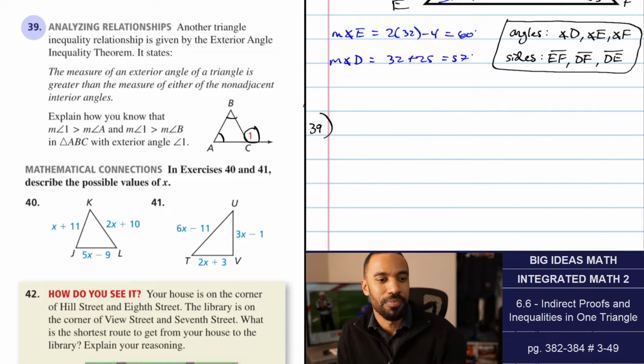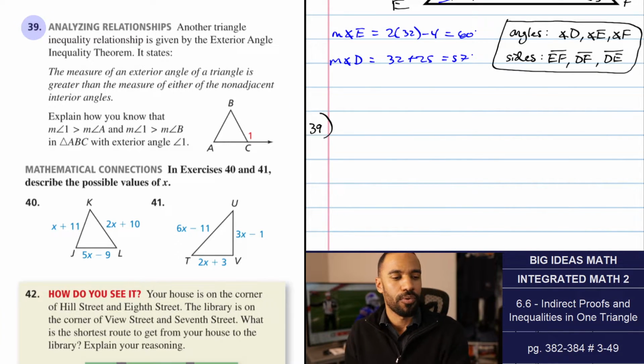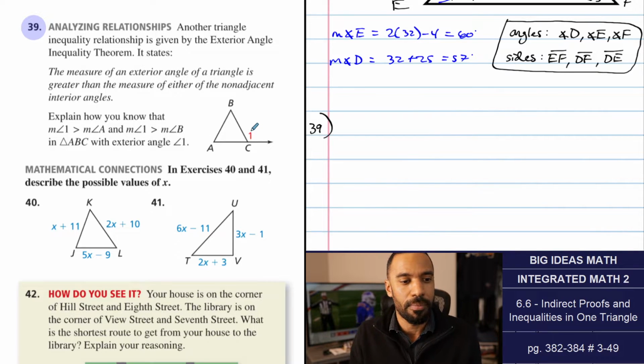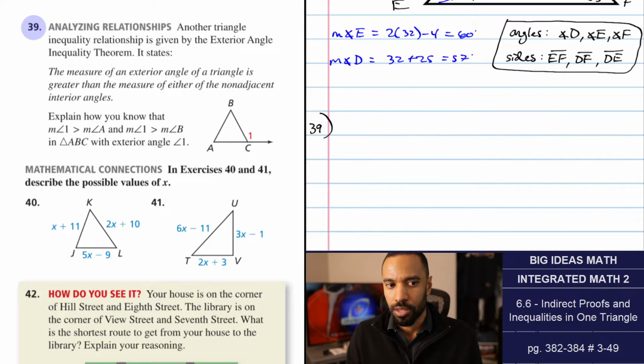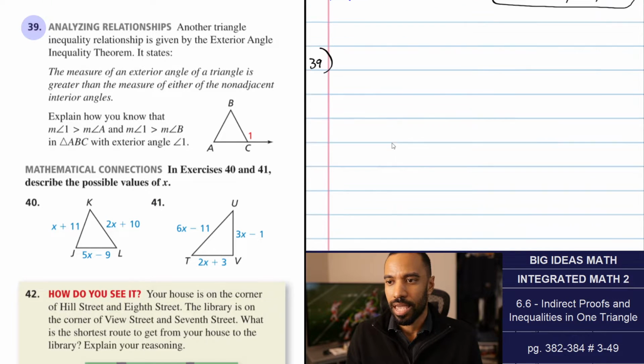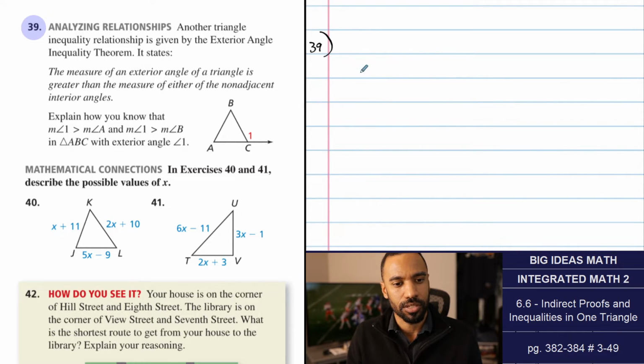That's a for sure. Explain how you know that measure of angle 1 is greater than measure of angle A, and measure of angle 1 is greater than measure of angle B in triangle ABC with exterior angle 1. Measure of an exterior angle of a triangle is greater than measure of the non-adjacent interior angles. Okay, let's go with this.